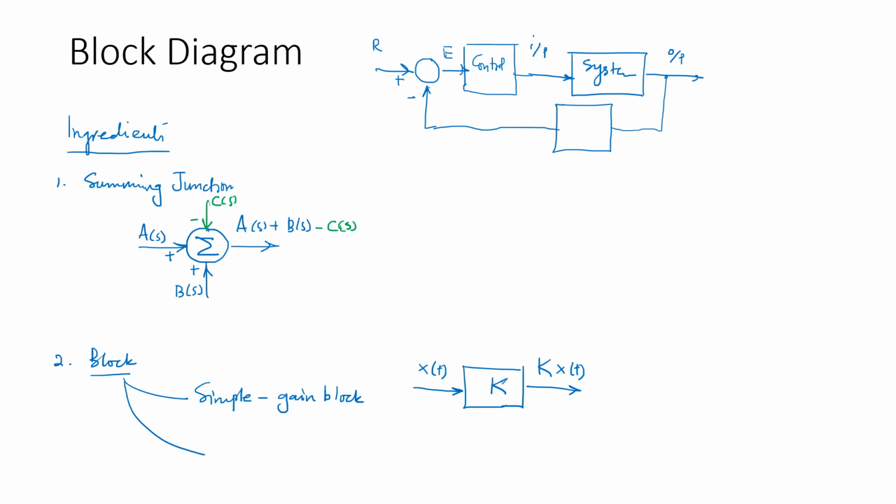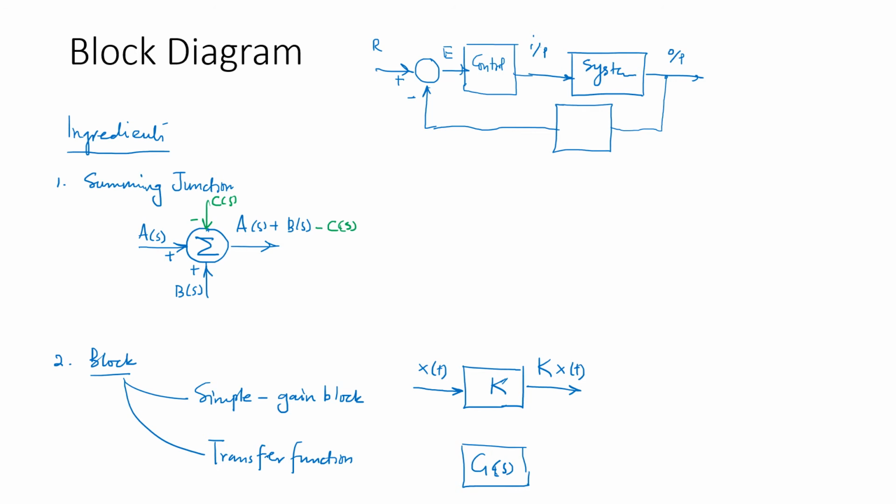And you may have a bit more complex blocks, for example, a transfer function block. Now, in that case, you can have a transfer function given to it. Let it be G of s, and I'm using s because it is the complex number in there. Because in a transfer function, you have just seen that you have to take the Laplace transformation of it.